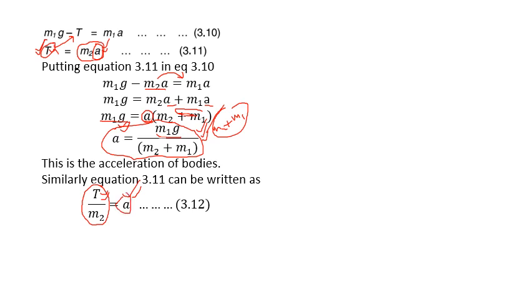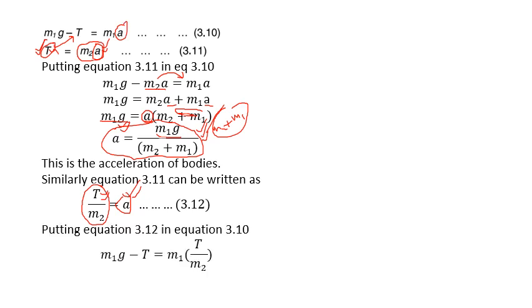This is the acceleration. So can I put this acceleration in equation 3.10 like this: m1g minus T is equal to m1, and in place of a I put T divided by m2. If I shift this tension to the right side, over here this is minus, so it will become positive.